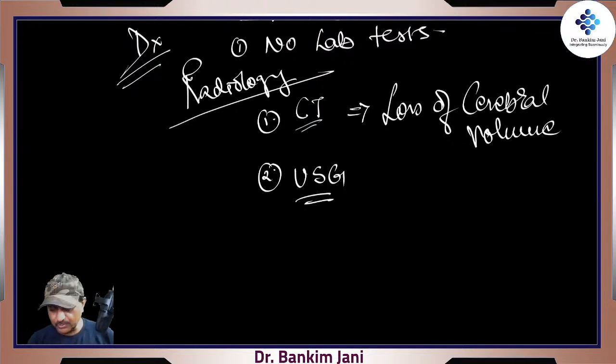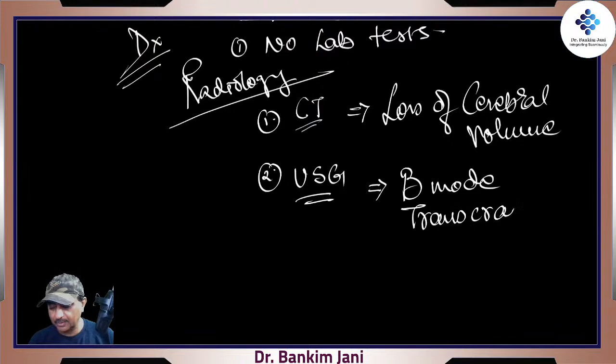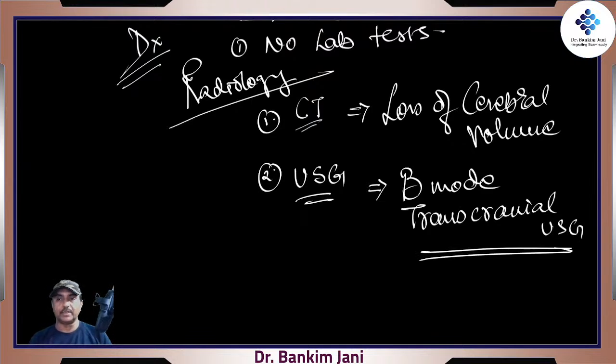You can go for ultrasonography, ultrasound of the skull. This is a very special thing. It is called B mode transcranial ultrasonography. You go for it, and in that you watch the substantia nigra, right?